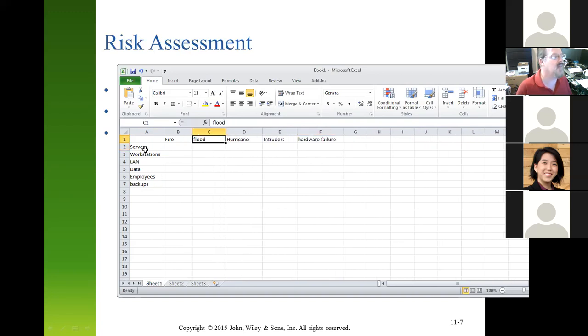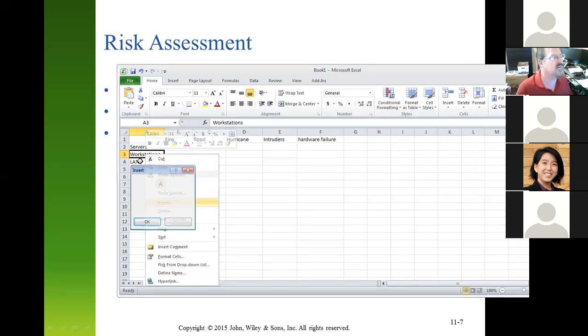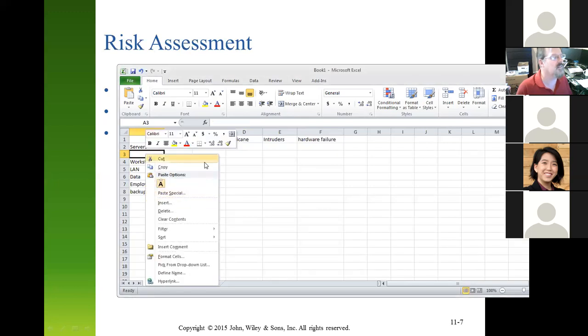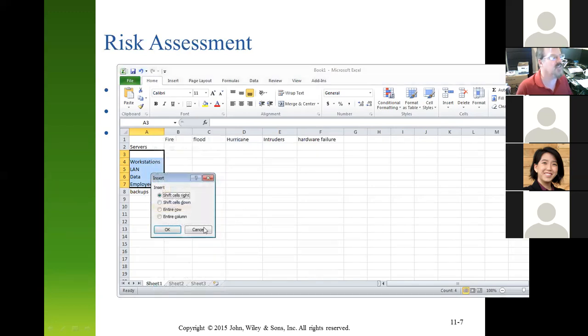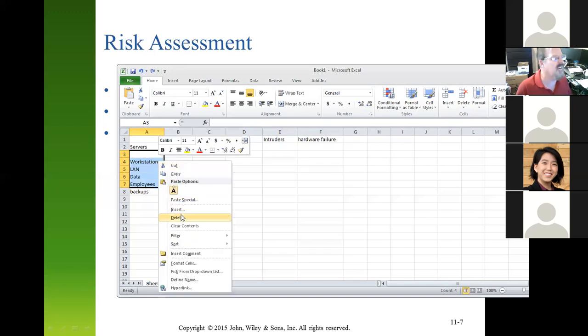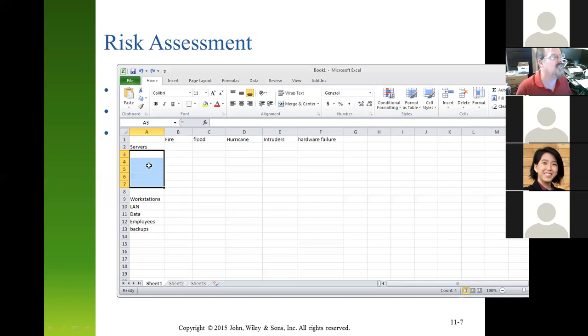And usually, by the way, when we're doing this with a spreadsheet, insert a few more rows, we literally put in here specific servers, not just servers, because you might have servers in a bunch of different locations. Oops, I didn't mean to do that. I meant to insert an entire row.